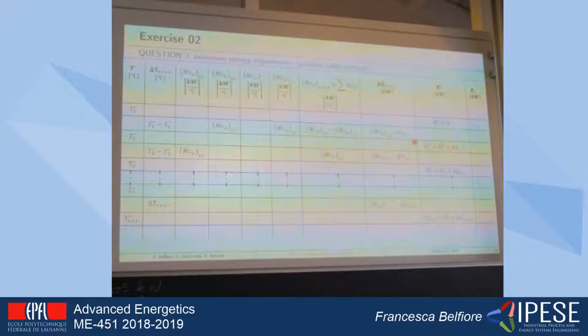So for each of them, if we summarize, you compute the temperature interval, you compute the overall heat capacity by summing up the heat capacity of each stream which is crossing that temperature interval, positive for hot streams, negative for cold streams. You compute the heat load, and then you sum up this heat load with its sign to the previous heat load which was cascaded to that temperature interval. So here you have a sum, and every time you add this value, starting from 0.